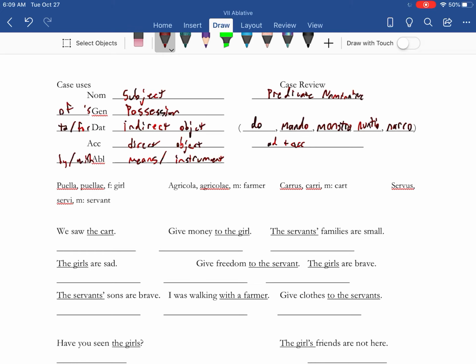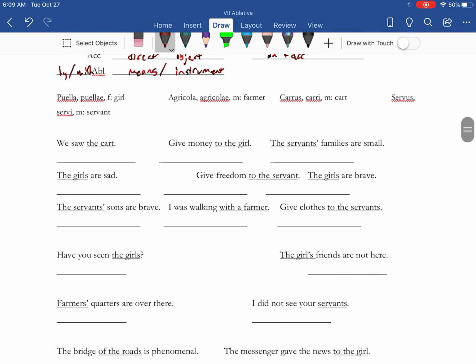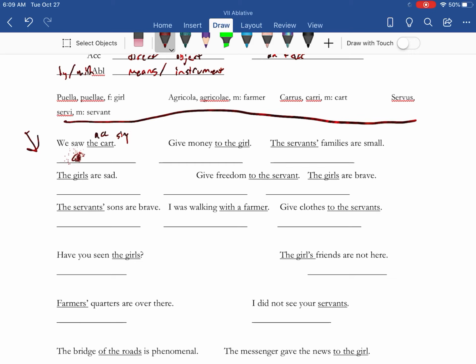Alright, the formatting on this got a little weird. But what we're going to do is take the words that are up here and use them to translate these guys into Latin. So we saw dear. Dear is accusative and singular. The word is carus, so I need to change that US to a UM to make it accusative and singular.